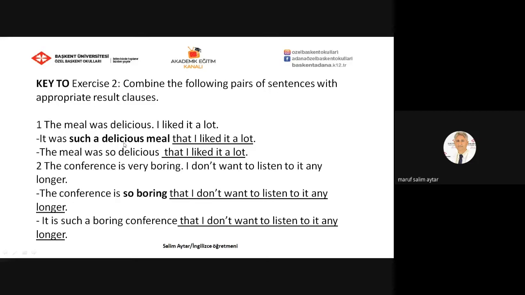It was such a delicious meal that I liked it a lot. Such a delicious meal. It is singular, see? Or the meal was so delicious, just adjectives after so. The meal was so delicious that I liked it a lot. The conference is very boring.